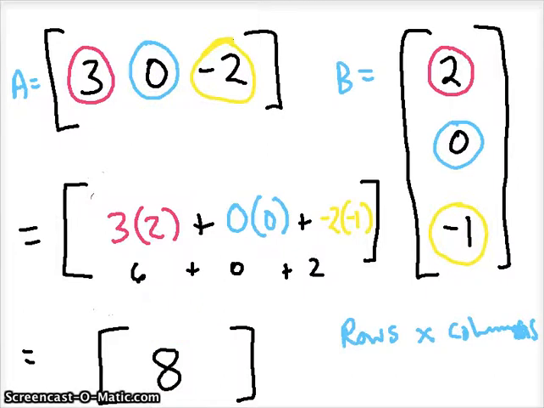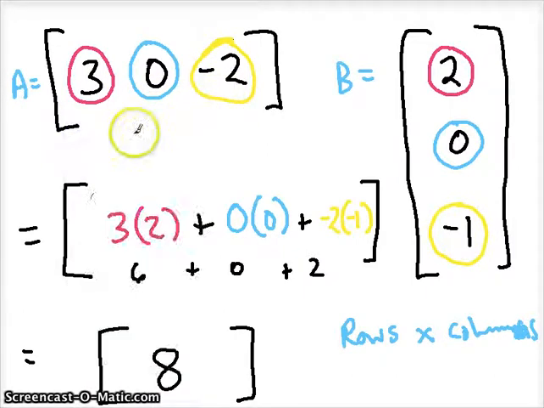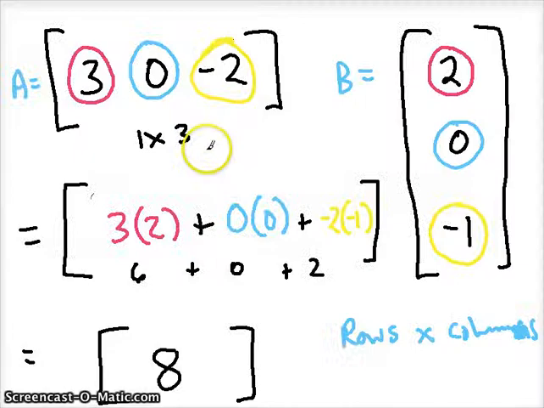And if you think back to what I was saying about the size, we got to say rows by columns. So this is a 1 row by 3 column matrix. This is a 3 rows by 1 column matrix.